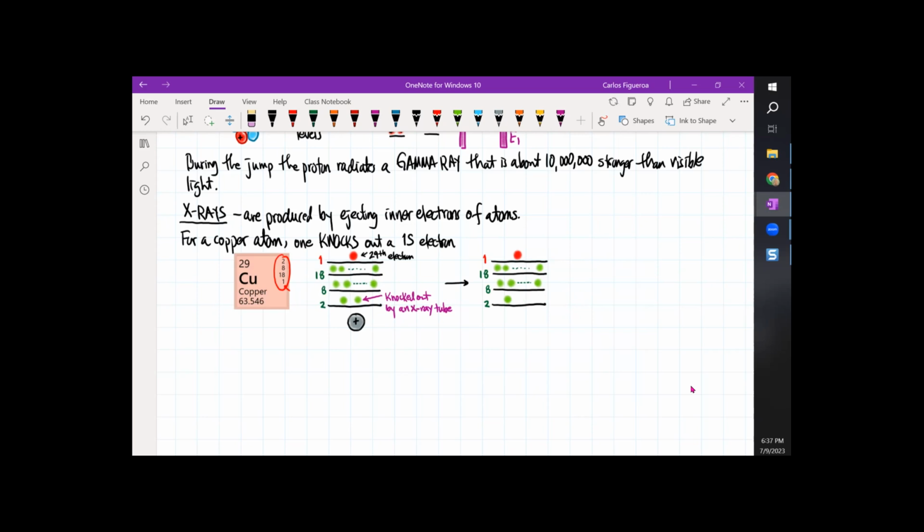What that means is that now this is a hole. Because this is a hole, here's what happens. This electron jumps from here to there, and in this process it emits an X-ray.